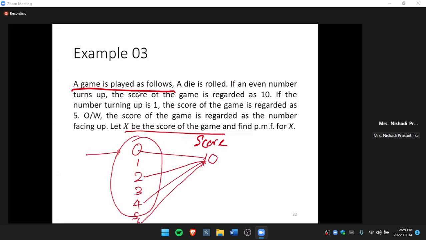If the number turning up is 1, the score of the game is regarded as 5. Otherwise, the score of the game is regarded as the number facing up.